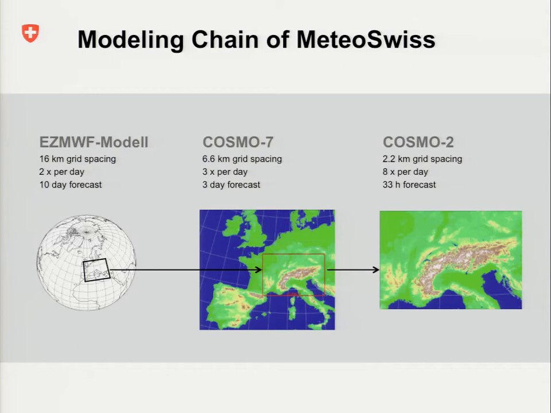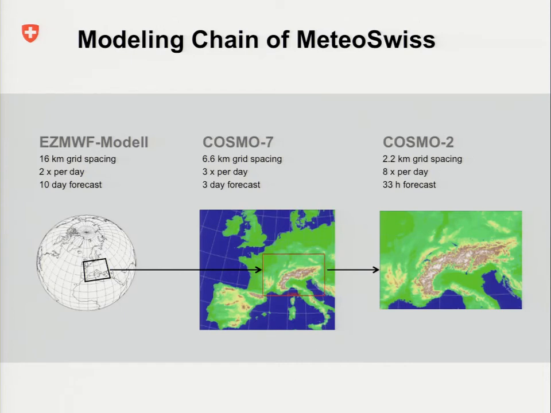So in a way, you have to go really fast in order for a forecast to be useful. So it's really about time to solution and about throughput, because you have to get these simulations through in a useful amount of time. So typically, for COSMO 2, our requirement is roughly 25 minutes for a 33-hour forecast.